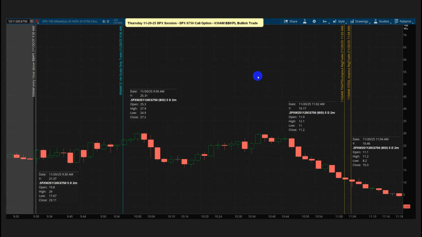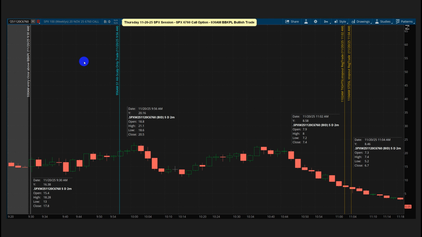Next, we'll take a look at the furthest out of the money. Here is the furthest out of the money on the opening 9:30 a.m. candle BBKPL bullish trade, the 67.60. 9:30 a.m. buy. 9:56 a.m. scalp 100% closeout. Holding on for a regular trade, 1.5 level move, which we didn't get.